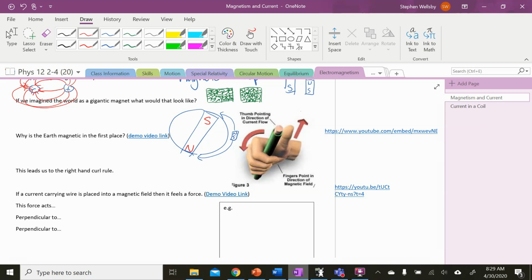And so that is the first right-hand rule for current in a wire. The thumb is the direction of current, and the fingers are the direction of the magnetic field.